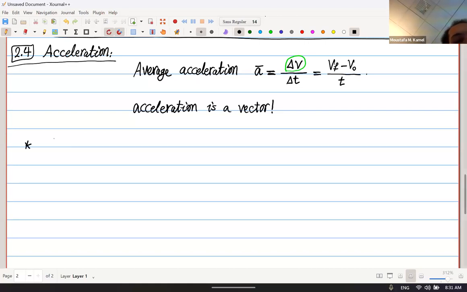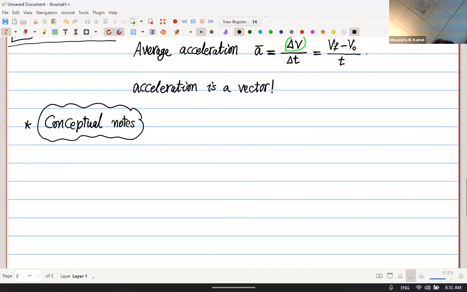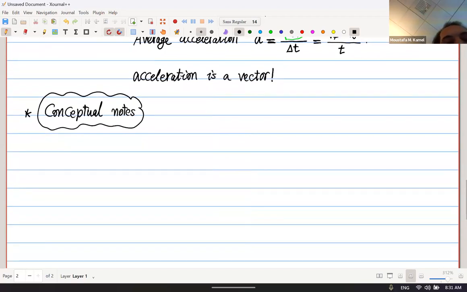Conceptual note: acceleration, from the definition, is in the direction of the change in velocity, not the velocity itself.